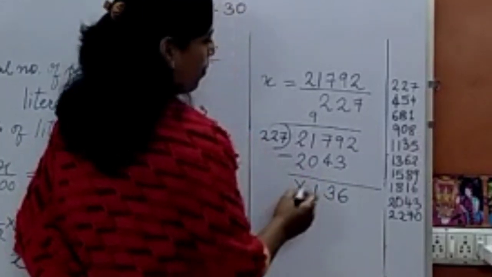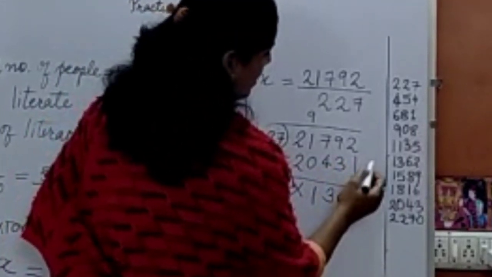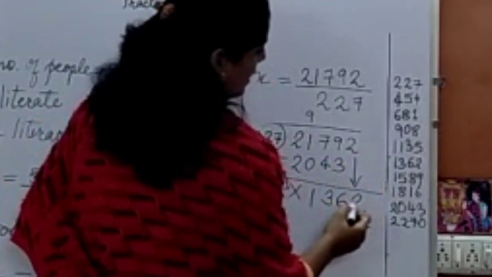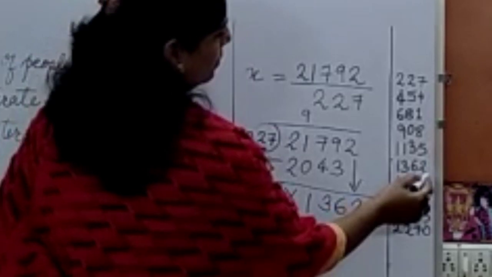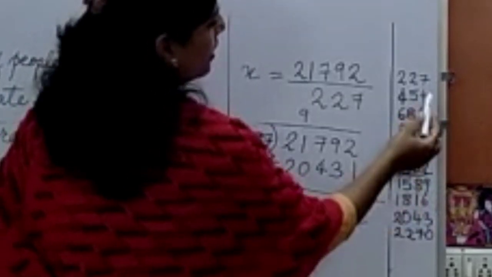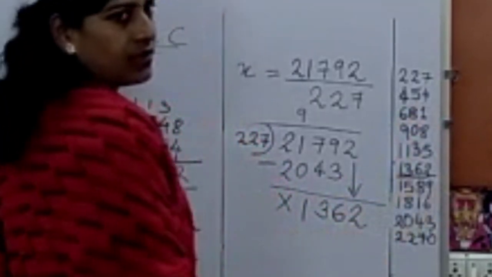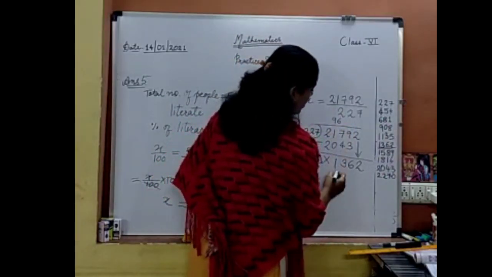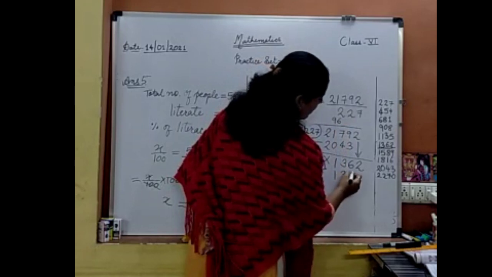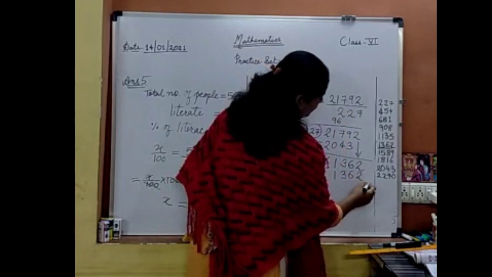And here 0. Let us get 2 here. The number is 1362. See? 1, 2, 3, 4, 5, 6. 227 6s are 1362.